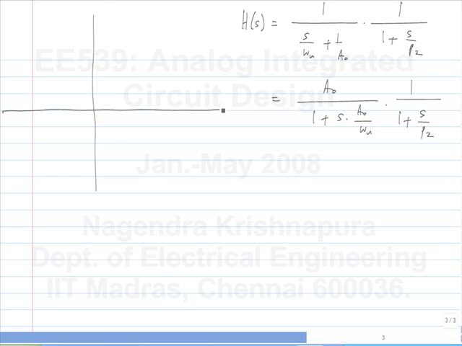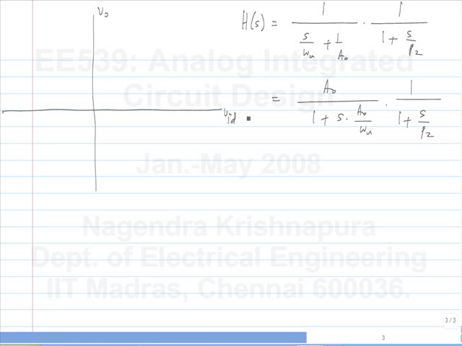So what will be the DC characteristics of this? If I plot V0 versus VID at DC, what should it be? What is it going to be? No, this is a DC characteristic.